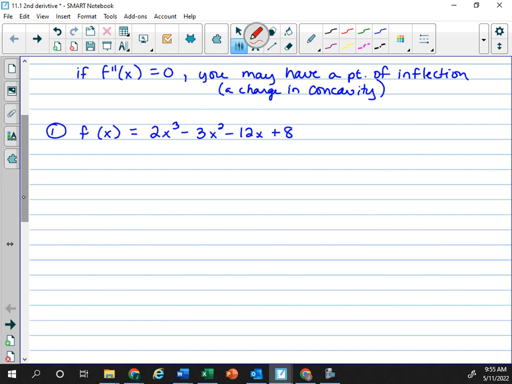So we're going to find everything with this. We're going to find where is it increasing and decreasing, where are your max and mins. Where is it concave up, concave down, and points of inflection if they exist.